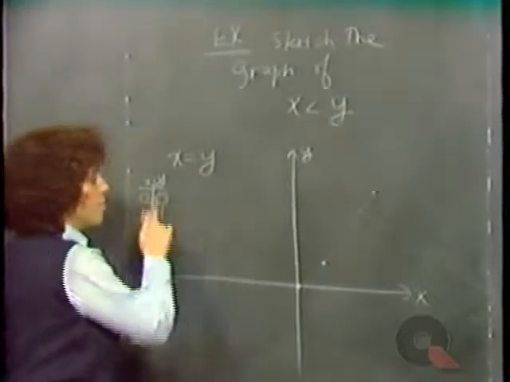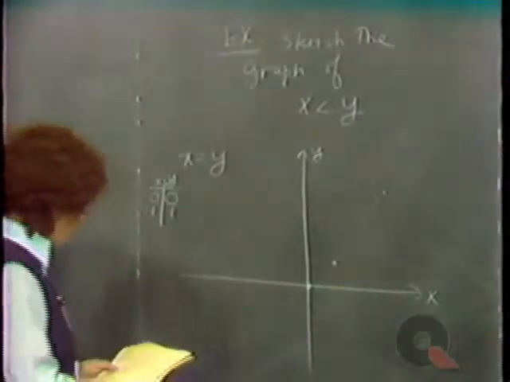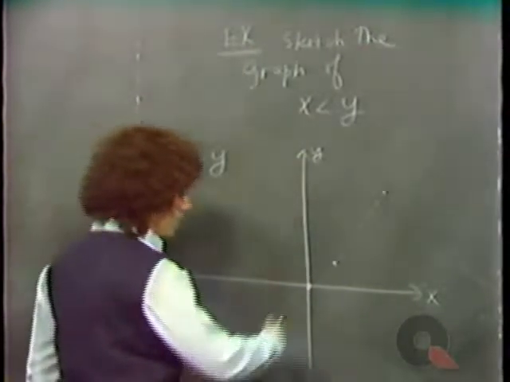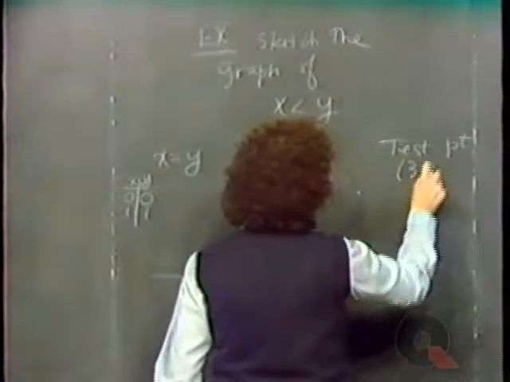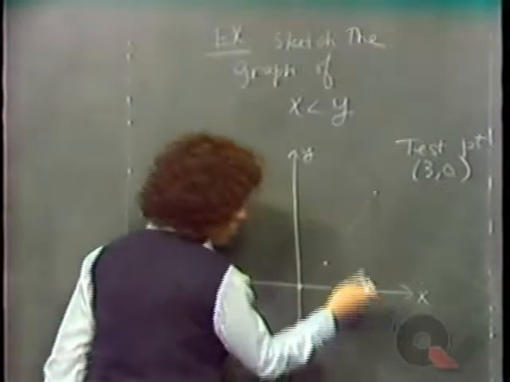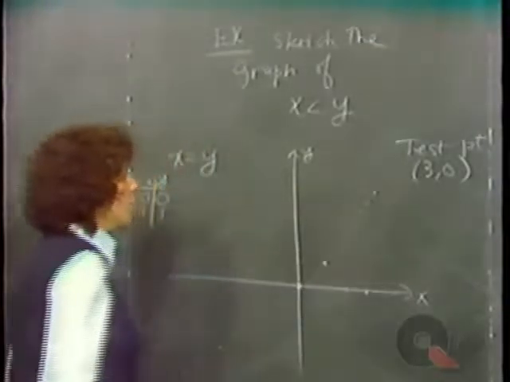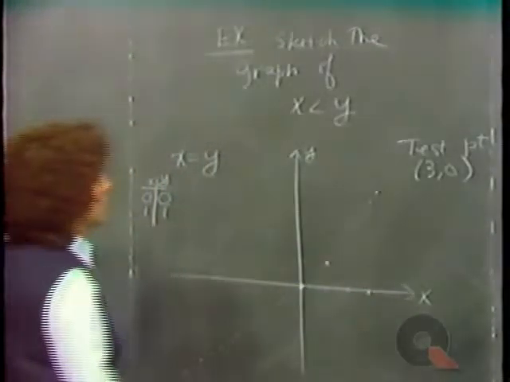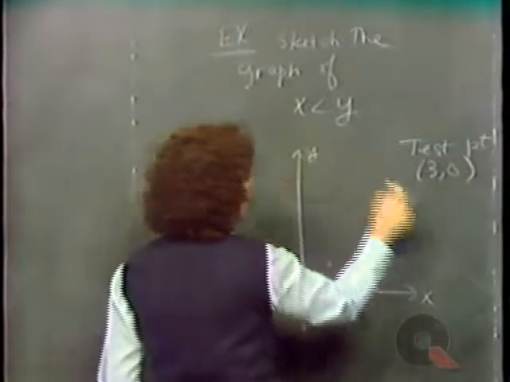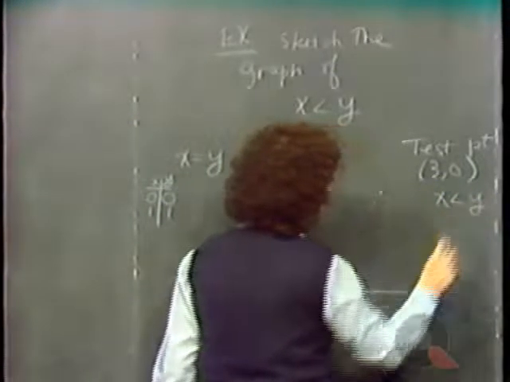Okay, now we need a test point. However, we can't use 0, 0, because it is on the line. So we'll use any other point that is easy to see. For example, we could use as our test point 3, 0. Just pick some point that is clearly on one side of the line. We use 3, 0 as a test point, and we substitute into the inequality x is less than y.